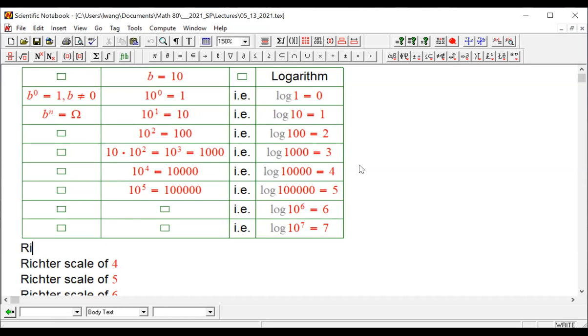Richter scale of 7 is how many times stronger than Richter scale? Did I spell that correctly? The Richter scale of 5.